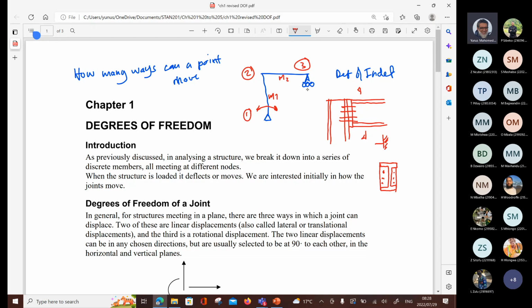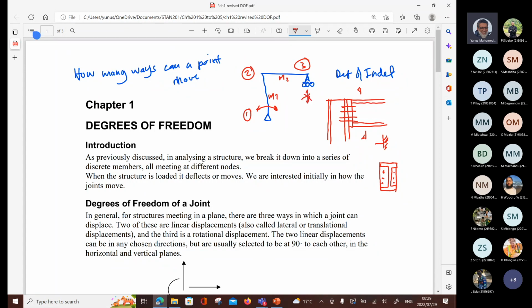Can it move vertically? Can member 2 move vertically when it is connected to a roller like this? Come guys, you've passed mechanics. No, sir. It can't, right? So there's a vertical reaction here. So there's no vertical movement possible. That's out.